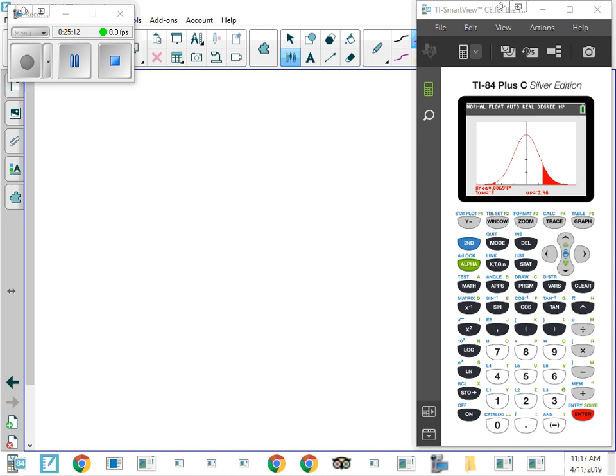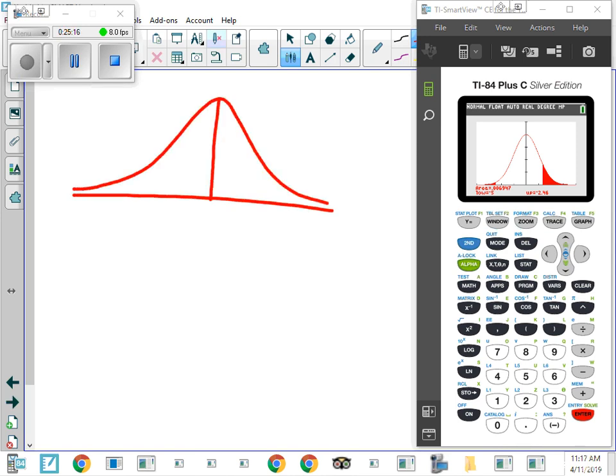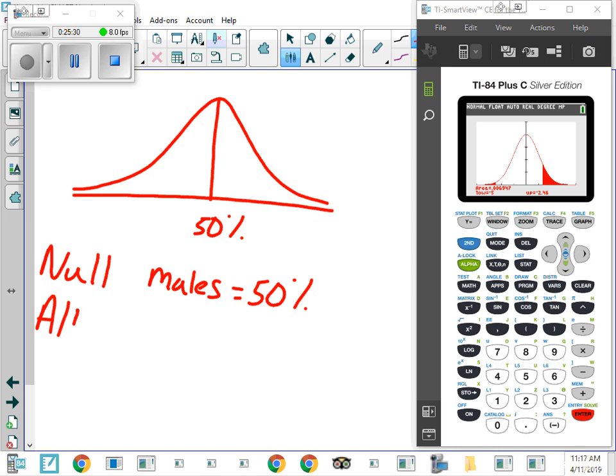First we assume that there are 50% males. So the null says that males are equal to 50% of the population. The alternative says males are what?